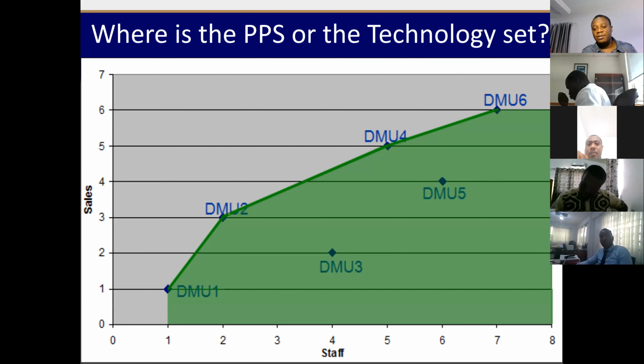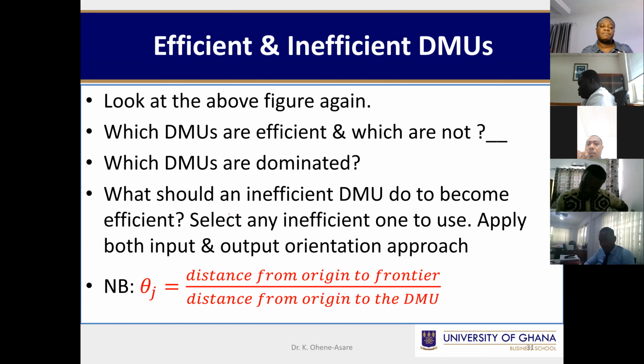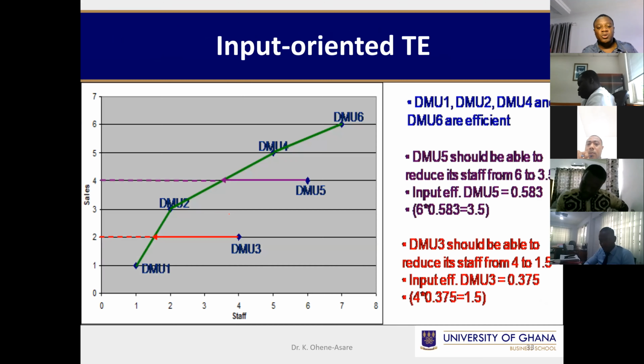And if you want to use the distance function, you just need to use the reciprocals, meaning 1 over the answer, and then you get the distance functions. So learn how to interpret these efficiency scores.